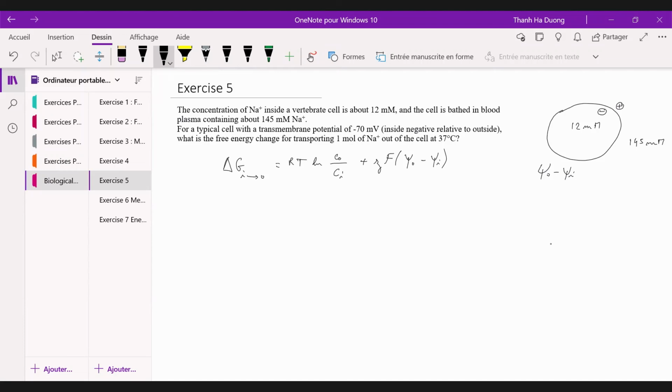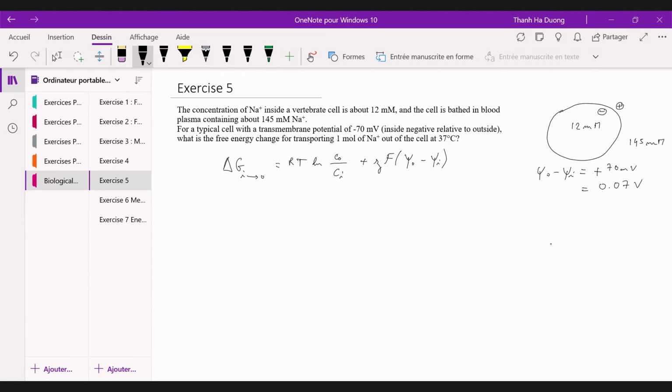So the potential of the membrane will be plus, sorry, this will be plus 17 millivolt. So it corresponds to 0.07 volt. Don't forget that the potential should be in volt.